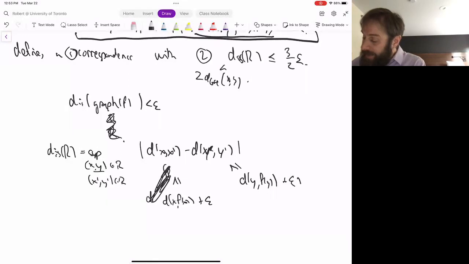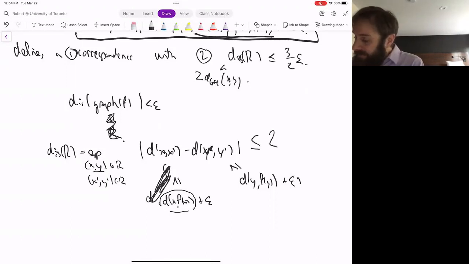Because I'm dealing with an epsilon isometry, this whole thing is less than 2 epsilon plus the difference between d_X and d_Y of f, and that's less than 3 epsilon.